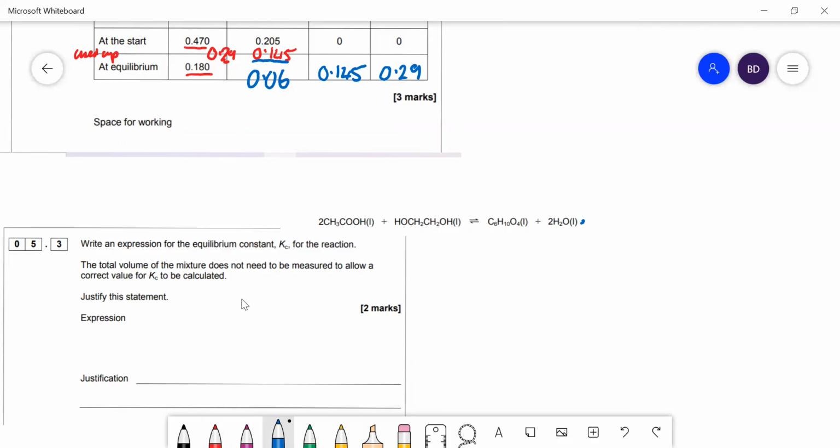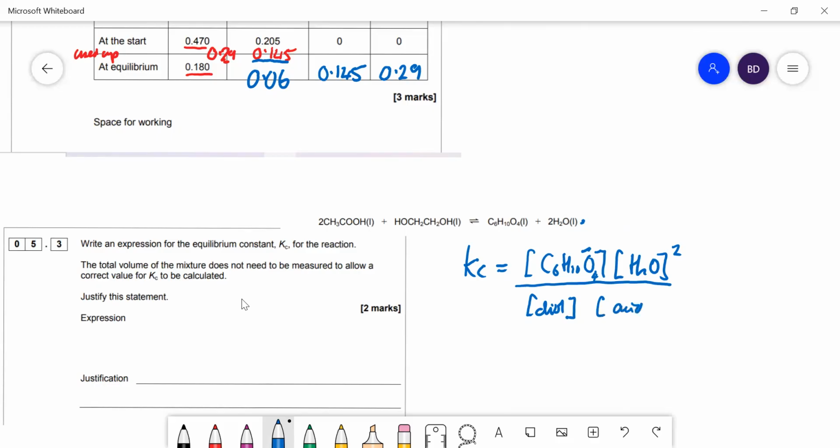I'm going to write down Kc is C6H10O4 to the power of 1 multiplied by H2O to the power of 2, divided by, I'll just write diol because it's quicker, to the power of 1 and acid to the power of 2.